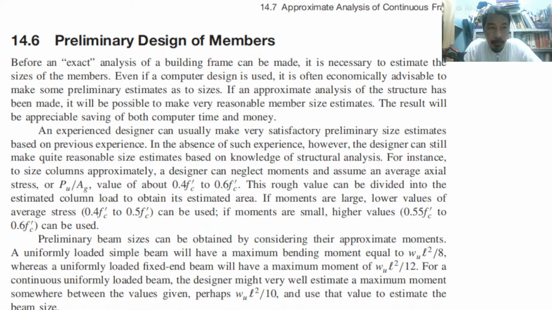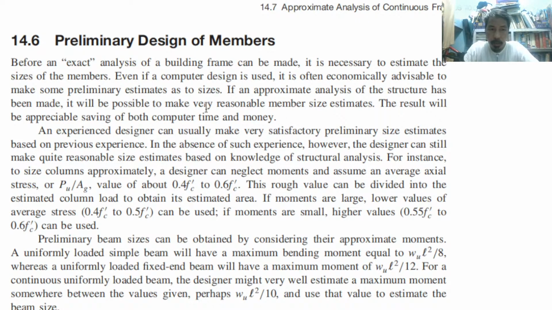Before an exact analysis of a building frame can be made, it is necessary to estimate the size of the members. Even if a computer design is used, it is often economically advisable to make some preliminary estimate as to sizes. If an approximate analysis of the structure has been made, it will be possible to make very reasonable member size estimates.